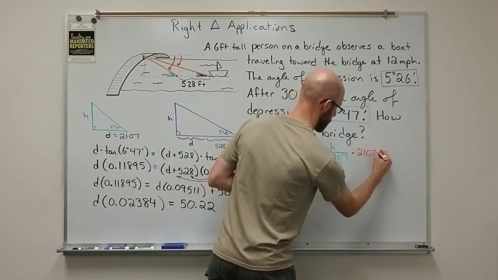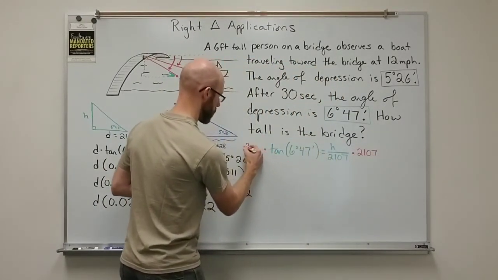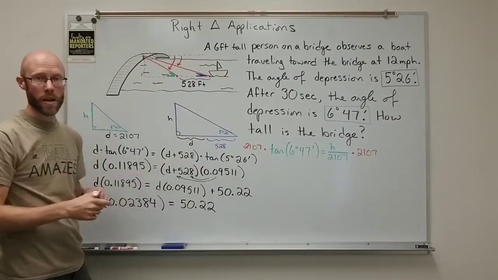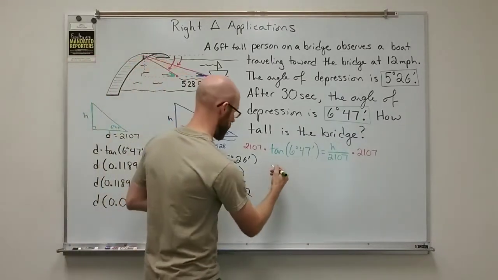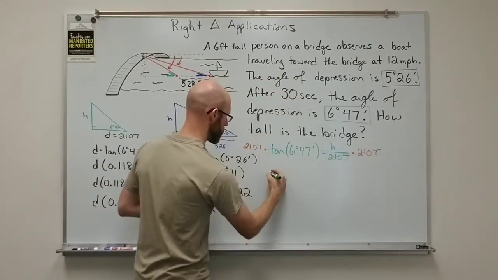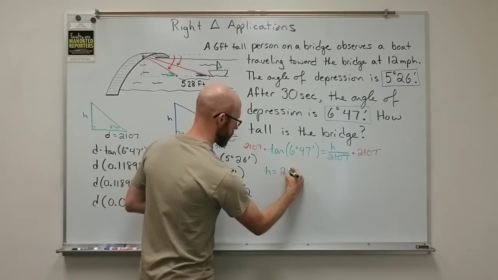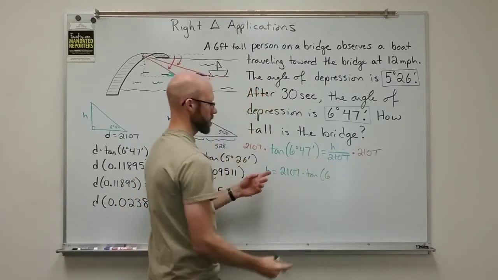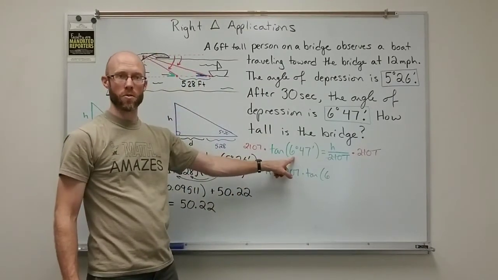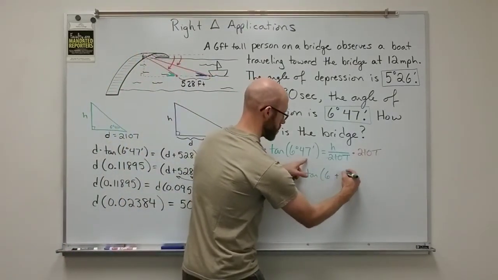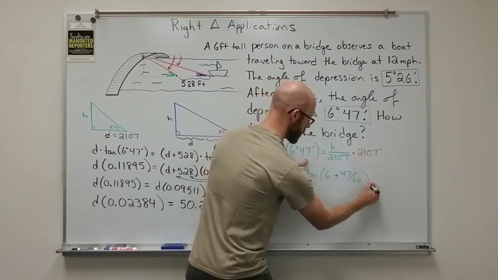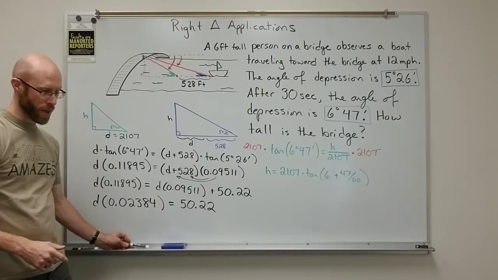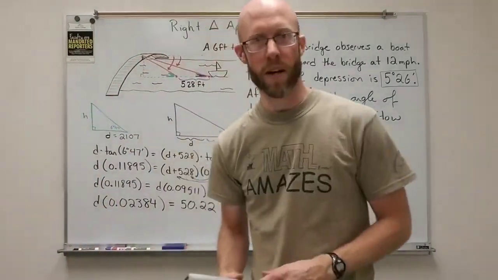Multiply by 2107 there, multiply by 2107 there, and that will give me the final value of h. Okay, so the 2107s cancel. H equals 2107 times the tangent of 6. Now remember, when I plug this in the calculator, it's going to read 6 plus 47 over 60. And I just put that in the calculator. I should get my final height.